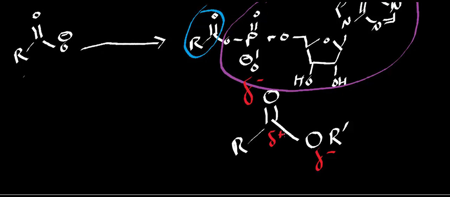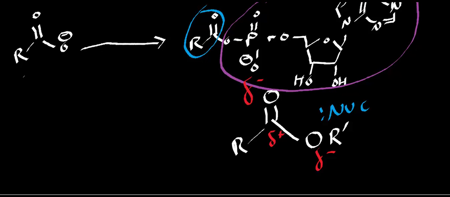So if you remember from your organic, things with partial positives or full positives are really susceptible to nucleophilic attack. Okay? So let's say I have a nucleophile. And nucleophiles have lone pairs, right? And again, in the context of biochemistry, this could really be anything. It doesn't have to be a certain thing.